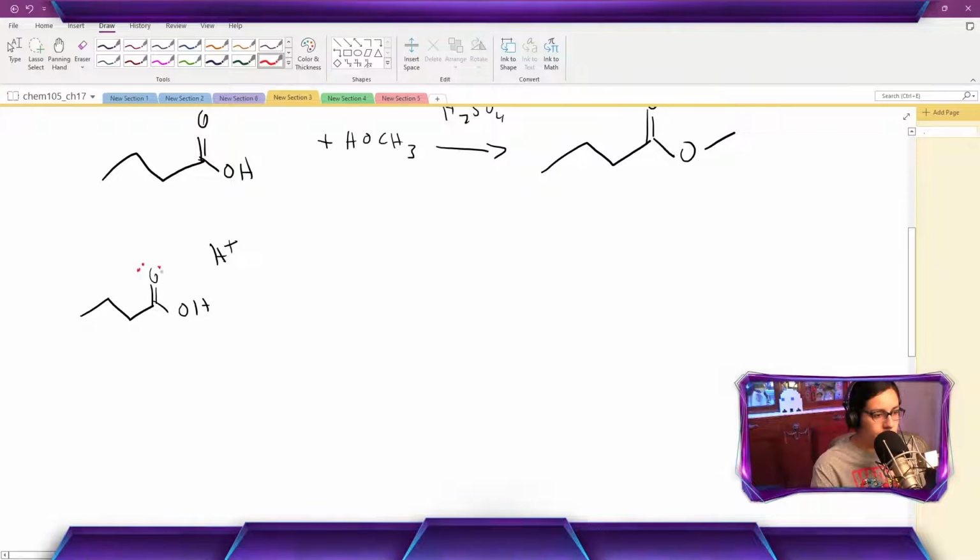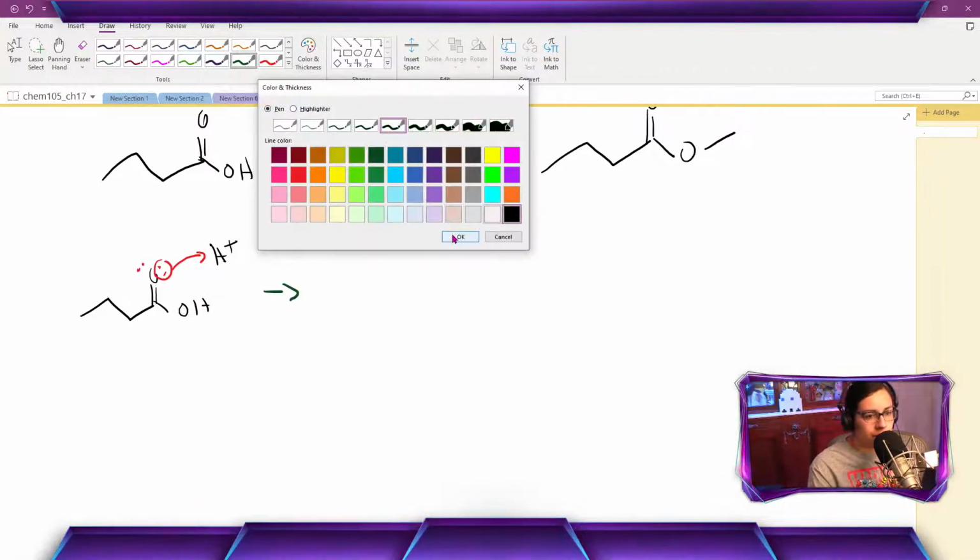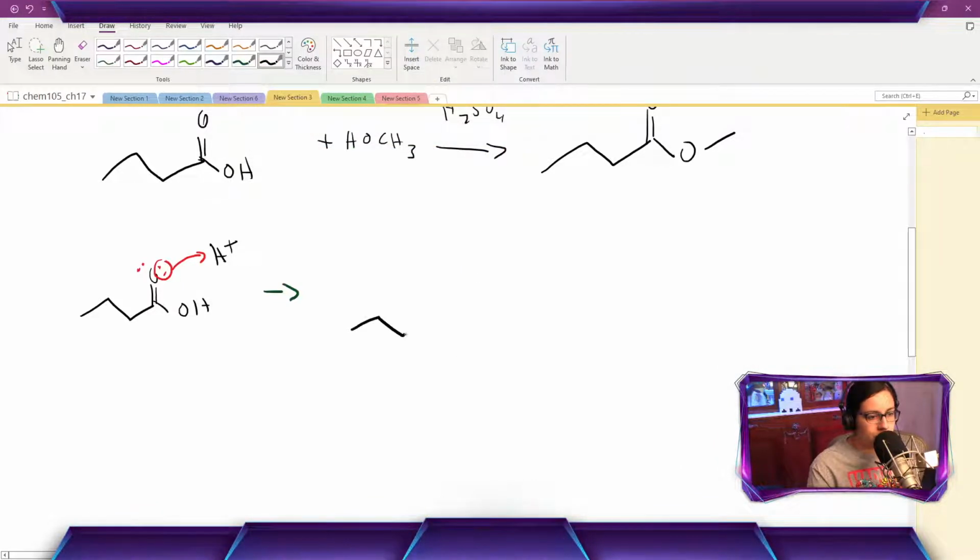So again, we have these lone pairs on oxygen, so they're going to be protonated. So still double bonded, now it has a formal plus charge there.